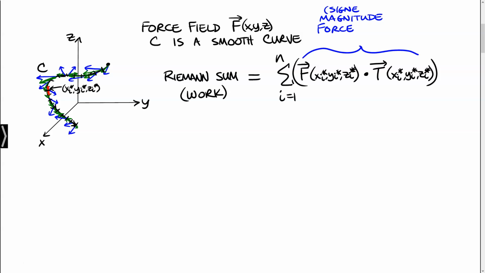I keep getting more specific and accurate. It's the signed magnitude of the force applied in the direction of c. And so I have to take that force and multiply it by the distance that it's getting applied, and the distance that's getting applied is a little delta s sub i.